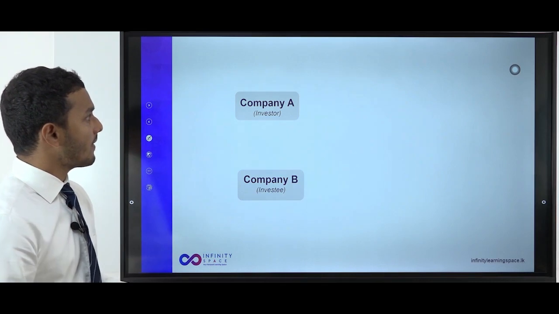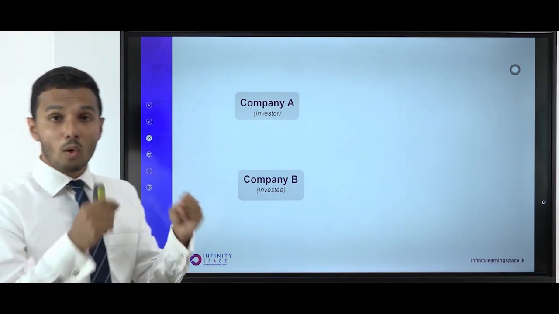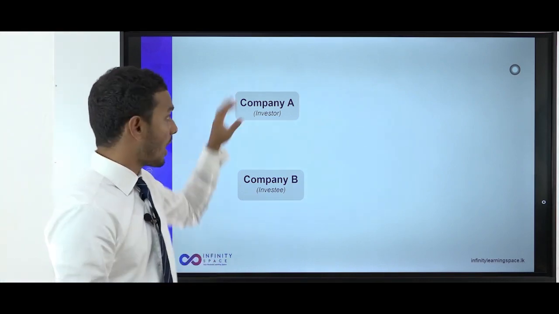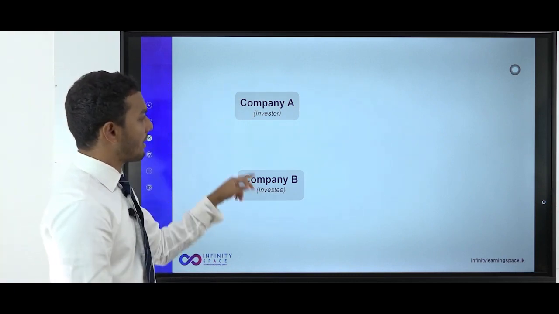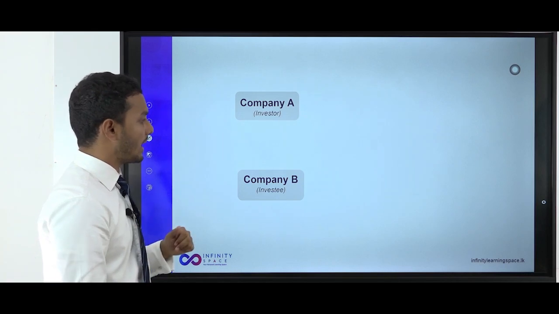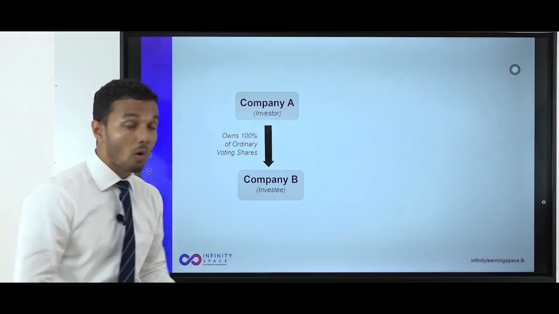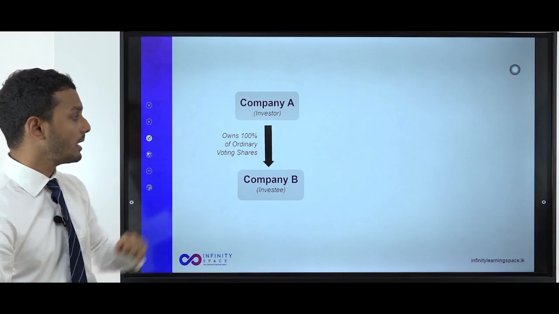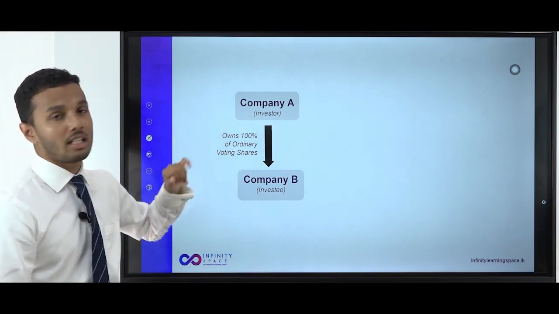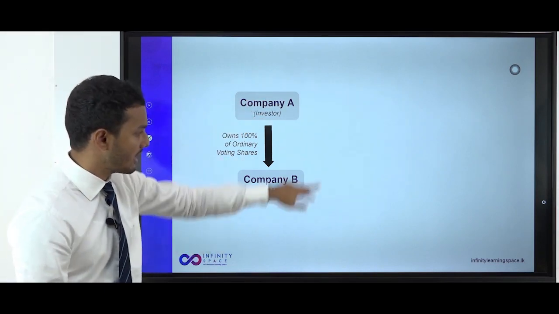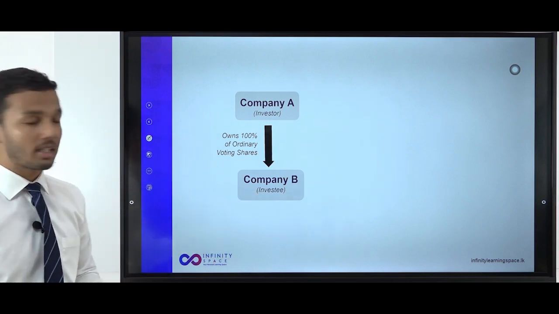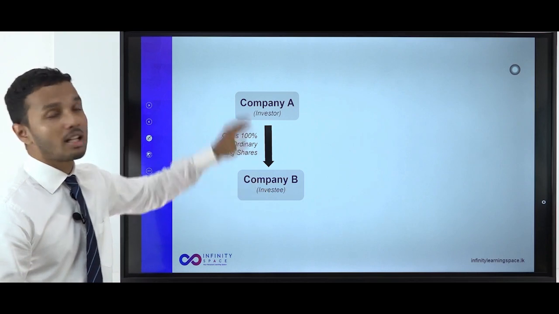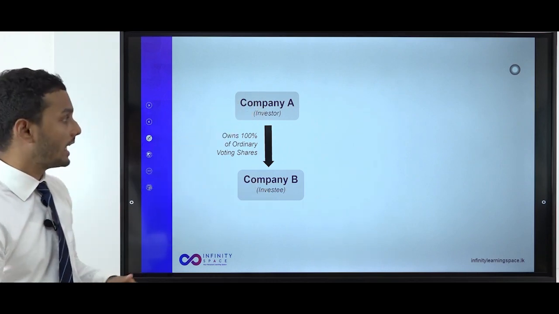Right. So the same way an individual can own shares in a company, one company can own shares in another company. So in this example, let's see, company A owns 100% of the ordinary voting shares of company B. So company A is the investor because it has invested in the shares of company B, and company B is the investee because it's its shares that company A has invested in, right?